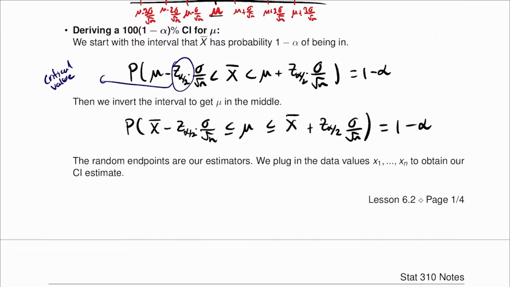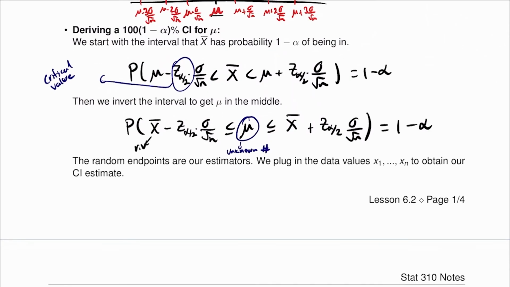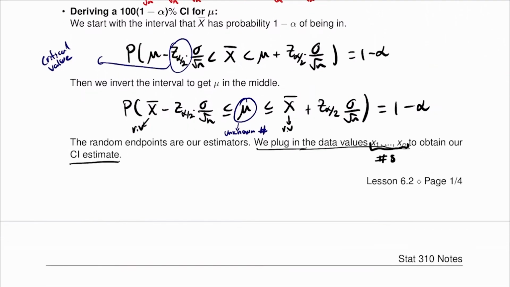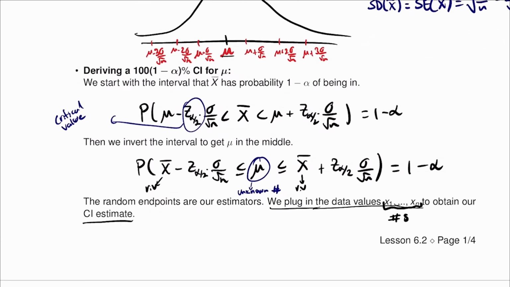But keep in mind that this mu is unknown, is our parameter, but it's a number. And here, this x bar is a random variable. It's expressed as a random variable. But when the random endpoints are our estimators, and when we plug in the data values, we obtain our confidence interval estimate. So remember that if we replace in the equation these numbers, then we get our estimate.